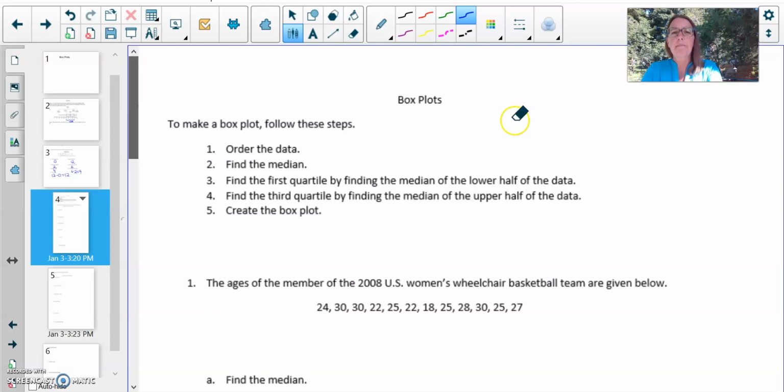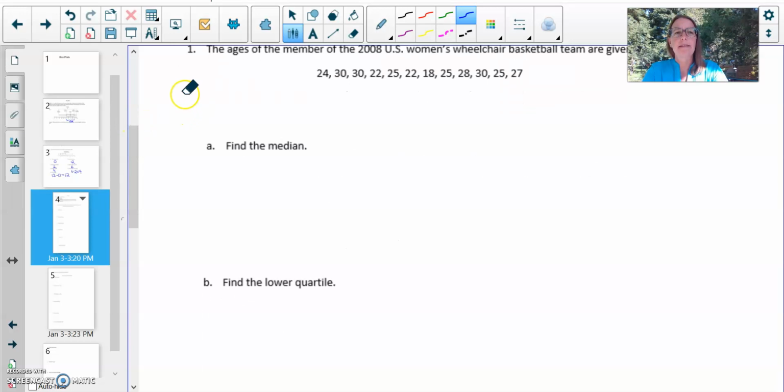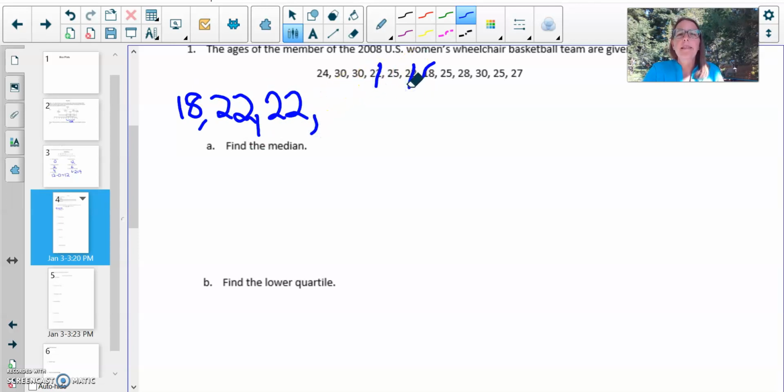So it looks like our minimum is 18. I'm going to start with 18. Then it looks like our next biggest would be 22. We have two 22s. Then it looks like we have a 24.